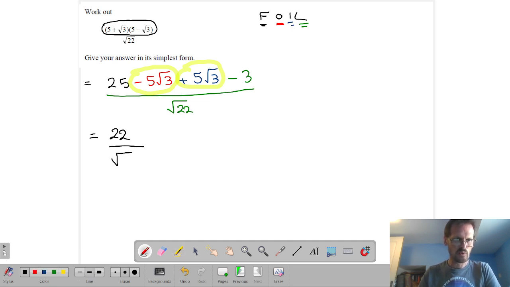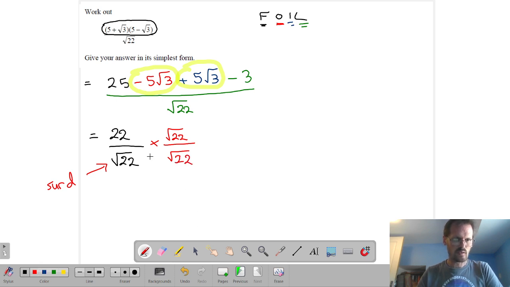And then it's all over root 22. Now, because it's a surd at the bottom, we don't like that. It's got to be in its simplest form, and that means no surds on the denominators. We're going to rationalise it by multiplying the top and the bottom by root 22.